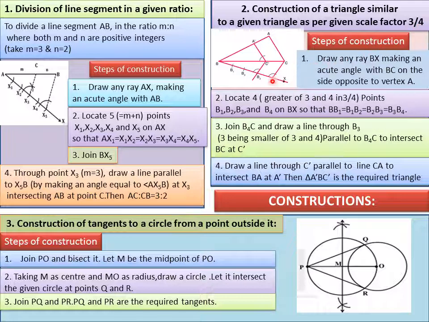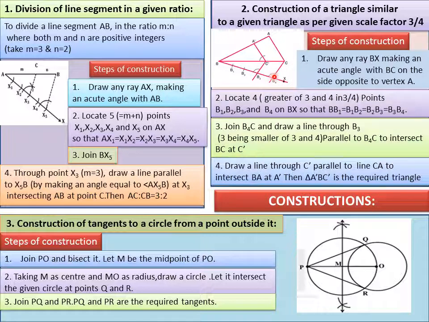Then once that is done, you draw a line joining B4C. Then in the next step, we need to draw B3C', which is parallel to B4C. That is again done similar to this. How to do this? Draw an arc here, and with the same arc draw at B3 also.